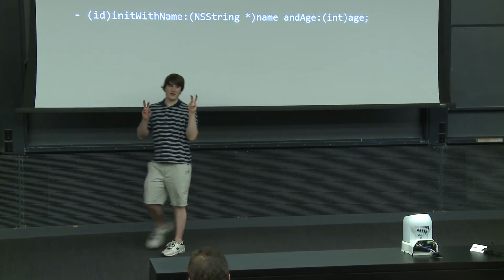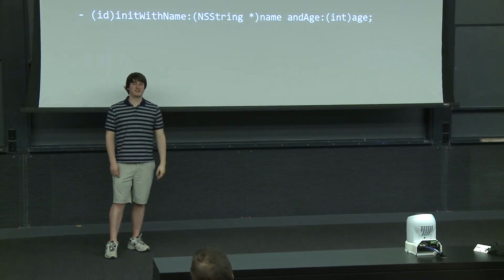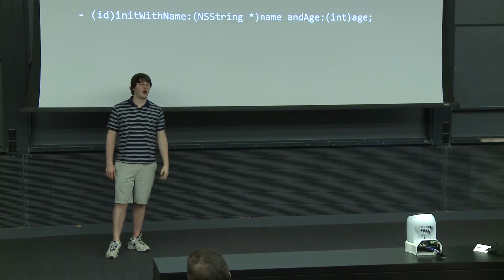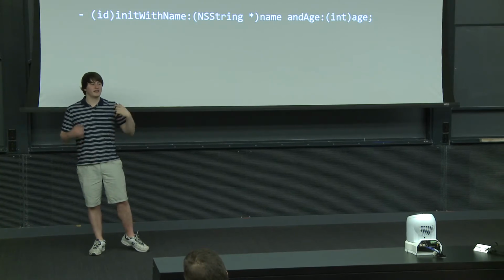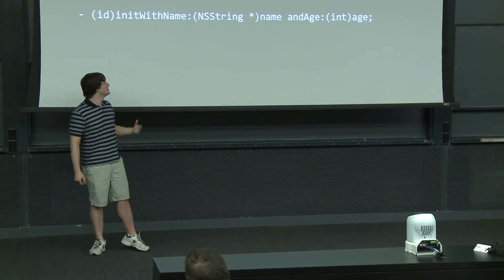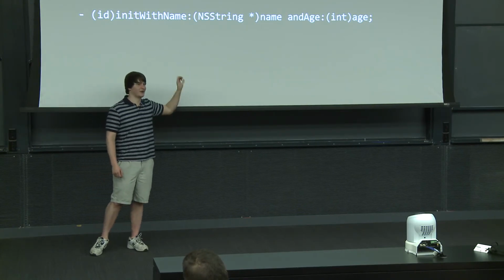A valid method name is init colon colon, which, because there are 2 colons, we expect there to be 2 arguments. And so we can call it with like init colon Bob colon 20, but that's not what you should do in Objective-C. You should explicitly name all of your parameters. So init with name colon whatever and age colon whatever.